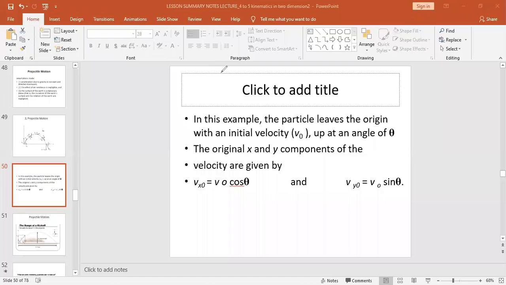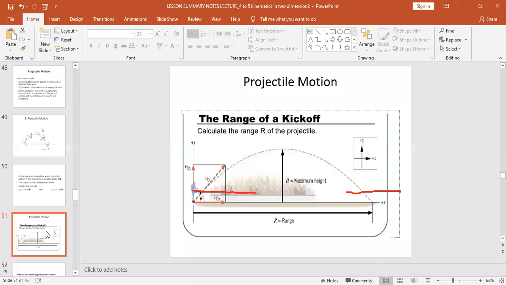So moving on, like I said, this is the x component of the initial velocity, and this is the y component of the initial velocity. Having all this knowledge, we now want to do the resolution and come out with the equations for projectile motion.